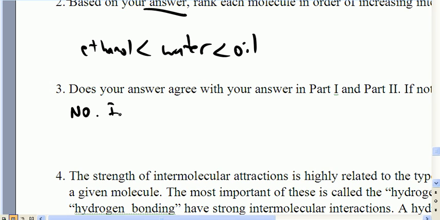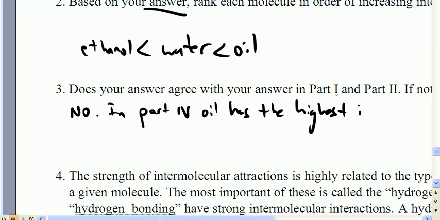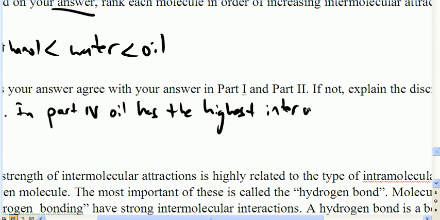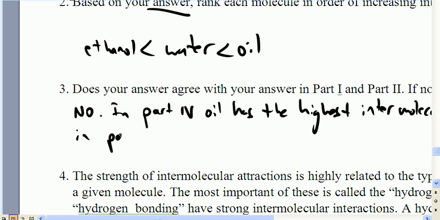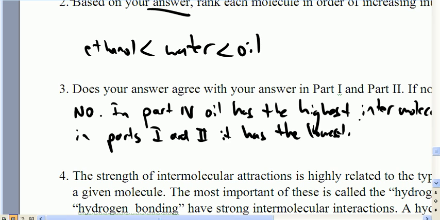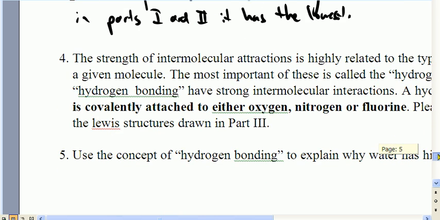No. In part 4, oil has the highest intermolecular attraction, and in parts 1 and 2 it has the lowest. Very interesting, okay? That we just answered the question.